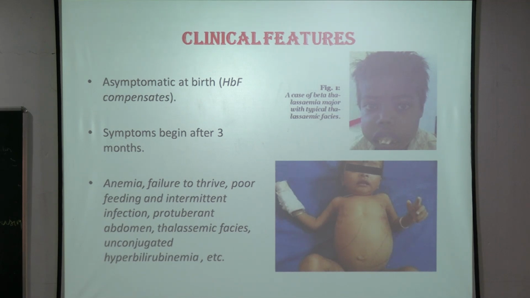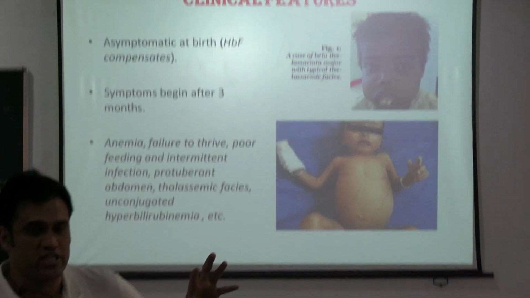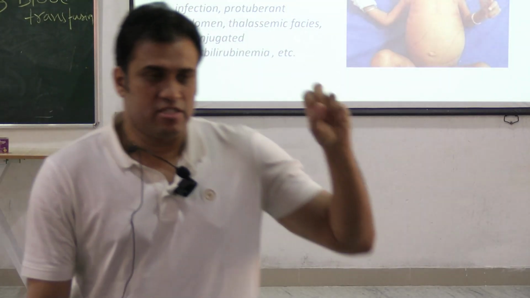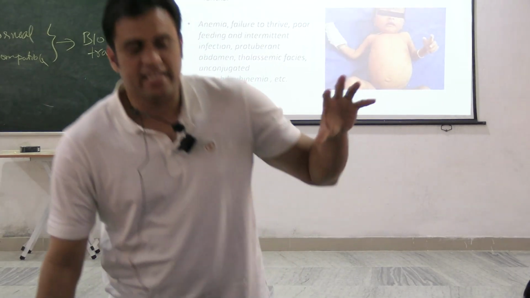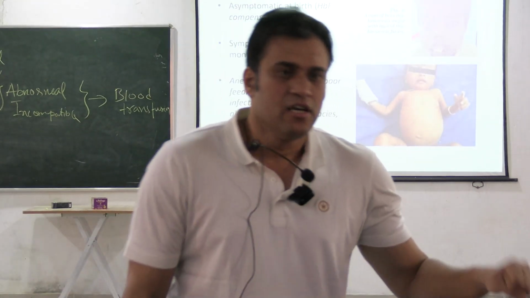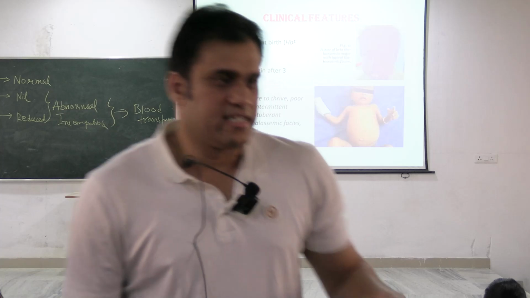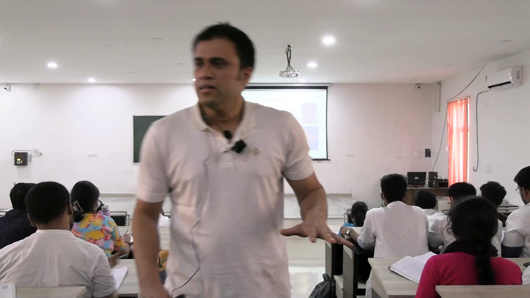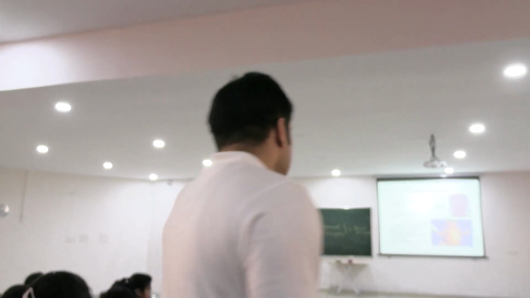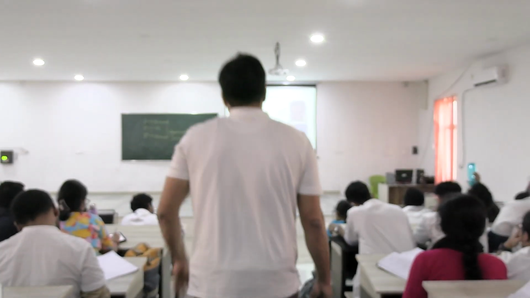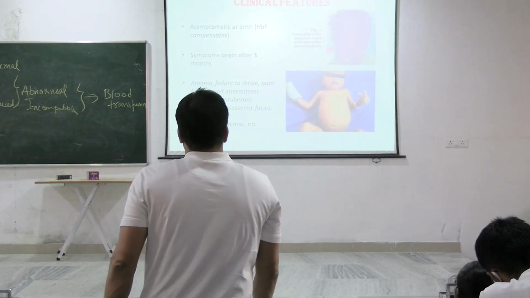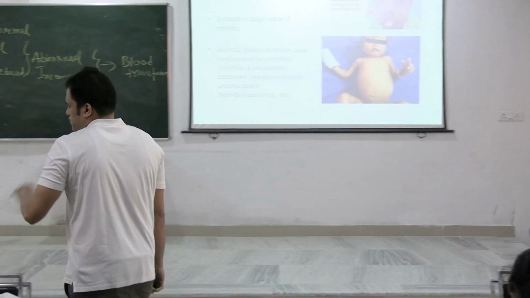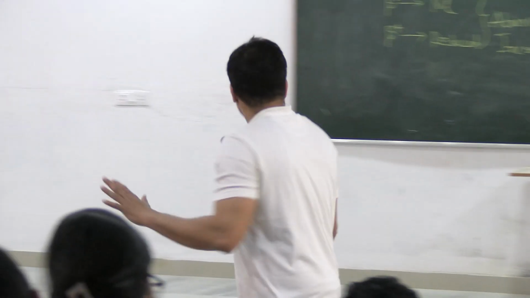They become very cachexic because this extra erythropoietic drive, these abnormal erythroid precursor cells, steal nutrients from other cells, making the person cachectic. That is the reason why there is failure to thrive. So there is anemia, failure to thrive, poor feeding, intermittent infection, protuberant abdomen, etc. These are all the features. If you can remember, fine. If you don't remember, no issues. Okay.